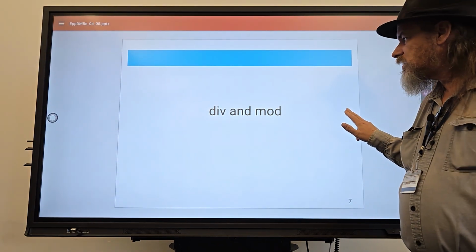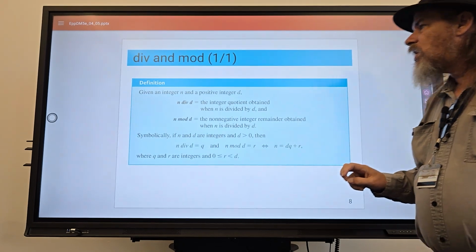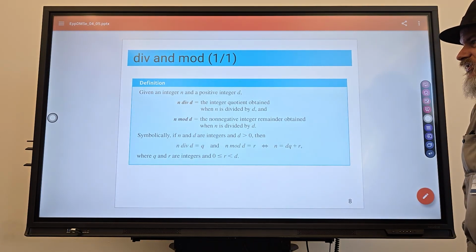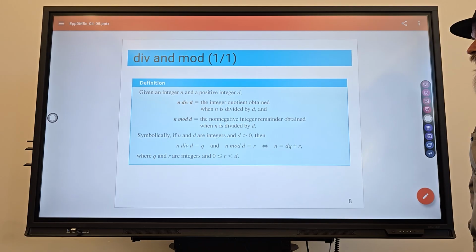Div and mod. These functions can be found in computer languages when dealing with integers. Given an integer n and a positive integer d, n div d is the integer quotient obtained when n is divided by d. n mod d is the non-negative integer remainder obtained when n is divided by d.